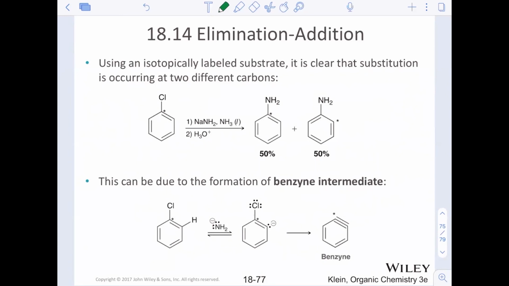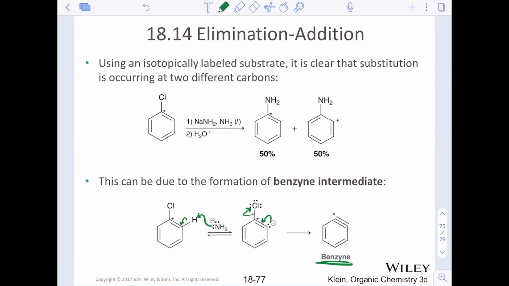With this reaction, it is hypothesized that we actually eliminate first. Amide doesn't add itself. It actually eliminates first to form a benzyne intermediate. Whew, triple bonded. Yeah, I know the triple bond looks weird, but it actually is viable.